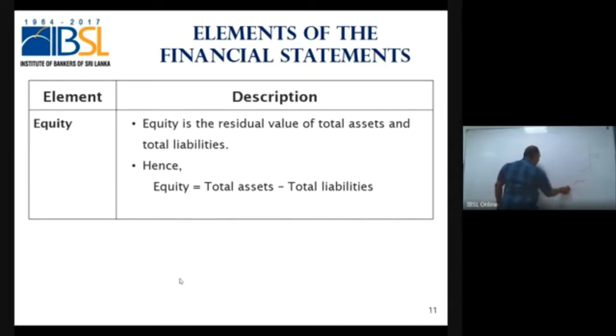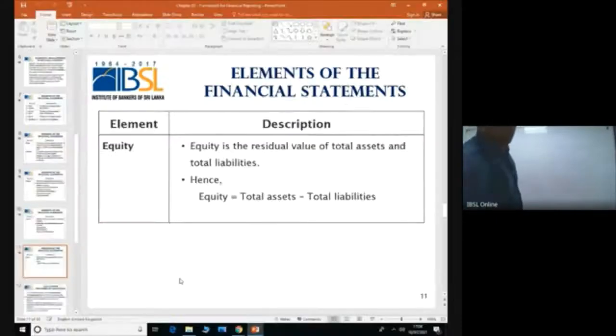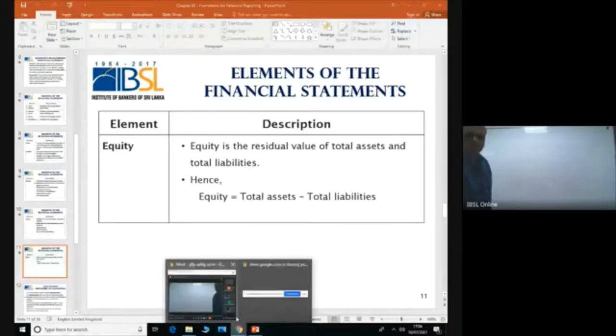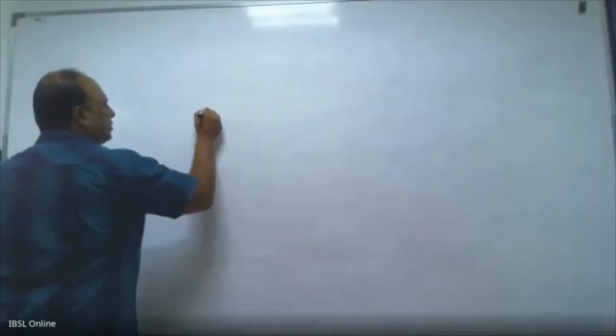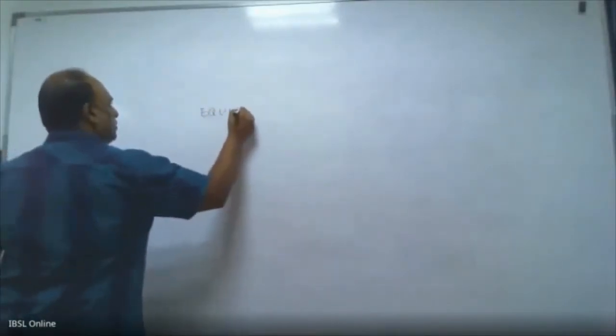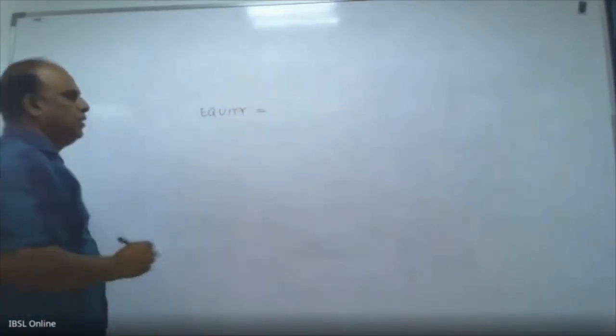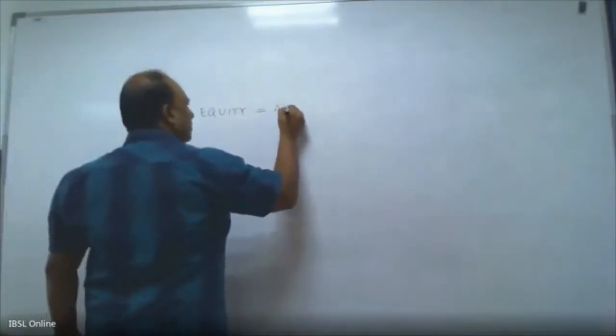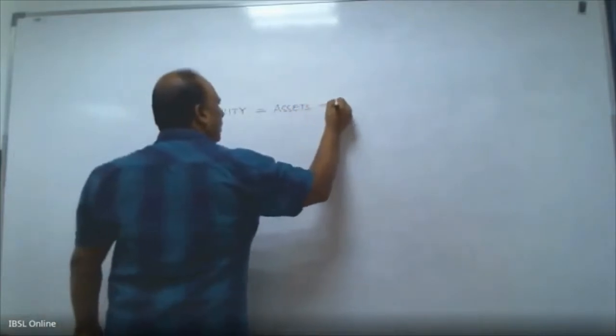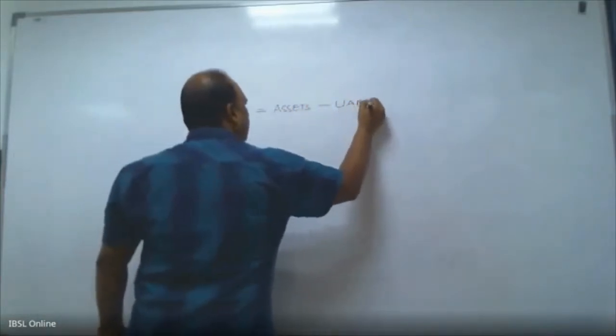Because we are going to start our first step in this course by looking at this very important concept. So what do they say? Equity is equal to assets minus liabilities.